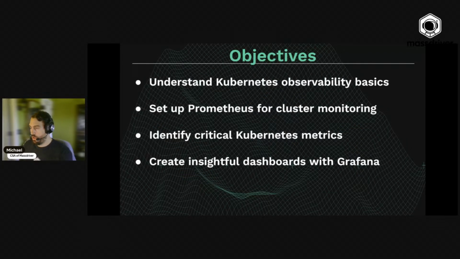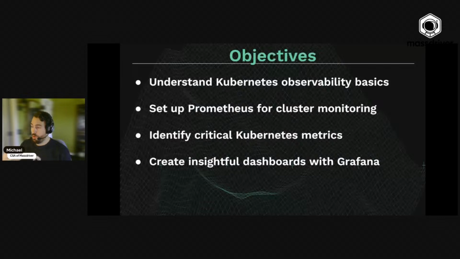Okay, so today we're going to be talking about observability in Kubernetes, specifically using Prometheus and Grafana. We're going to talk about what observability is in Kubernetes, what it really means to have observability into your Kubernetes cluster.